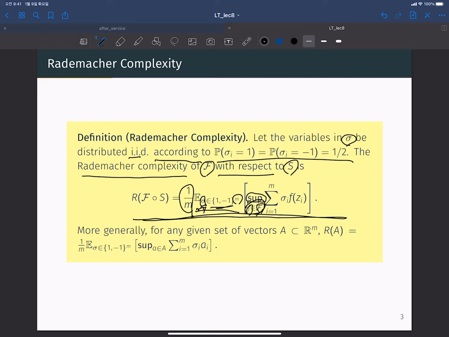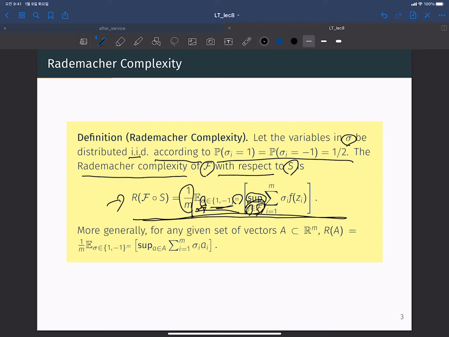Okay, in some cases the sigma vector can give a very small validation and training gap. In other cases, the sigma vector can make a very large generalization gap between the validation and training error. But in the Rademacher complexity definition, we compute the expectation with respect to the whole random sigma vector.